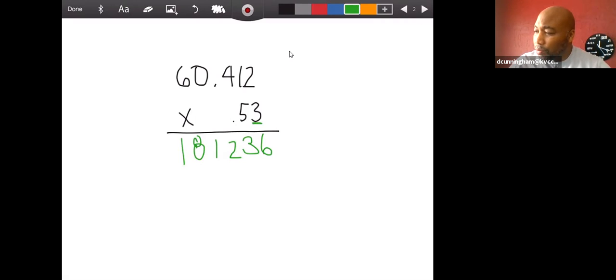Now in blue, I'm going to multiply the 5 next to every number on the top. Now this is important. Before you do that, you should put a 0 under the 6. You do not put your number directly under the 6. You put a 0 under the 6 to show a place value.